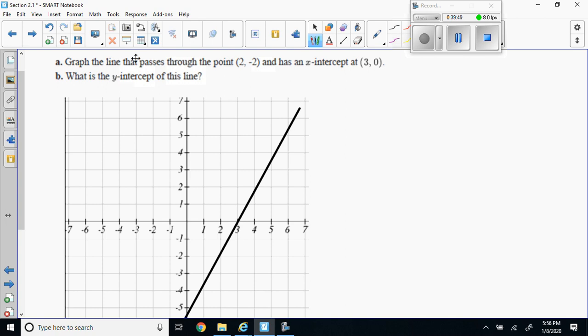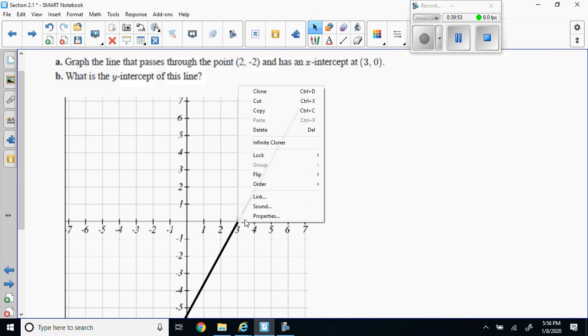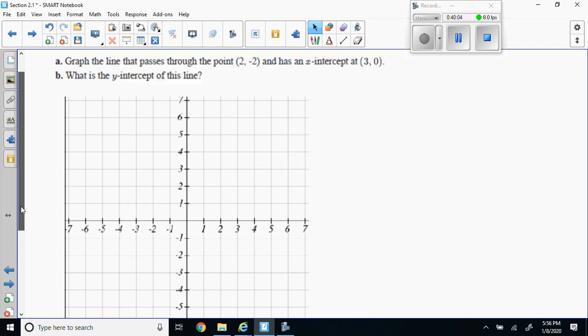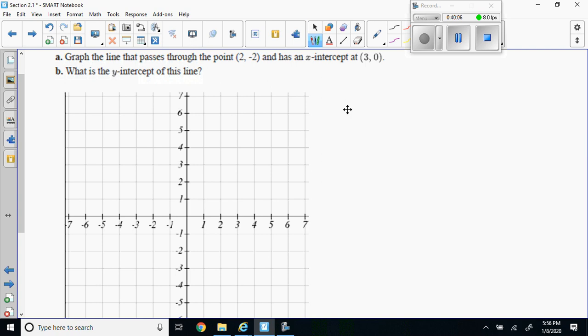Okay. Graph a line that passes through 2, -2 and has an x-intercept that's 3, 0. Well, we can graph it, can we not? So how am I going to graph 2, -2? Go right 2 and down 2. Do you know where you start when it comes to graphing a point, period? You start at the origin, right?